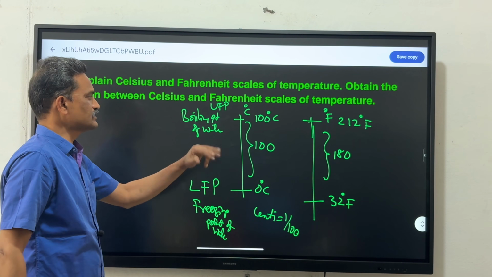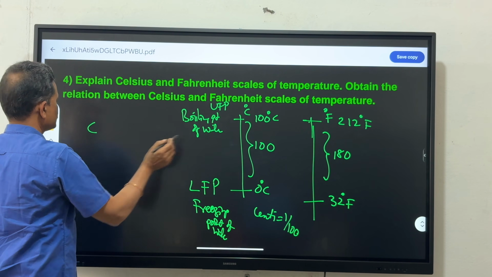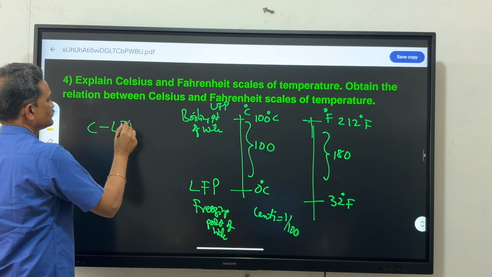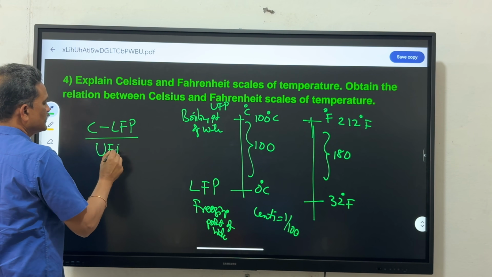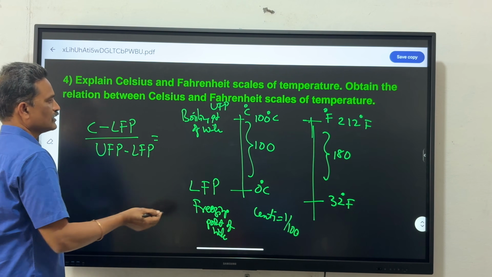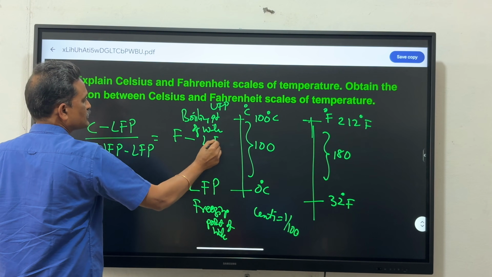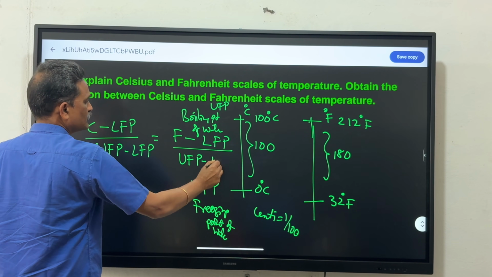Now what is the relationship between these two? If you take degree Celsius, (C minus lower fixed point) divided by (upper fixed point minus lower fixed point) must be equal to the same expression for any other scale. If I take Fahrenheit, this must be (F minus lower fixed point) divided by (upper fixed point minus lower fixed point).